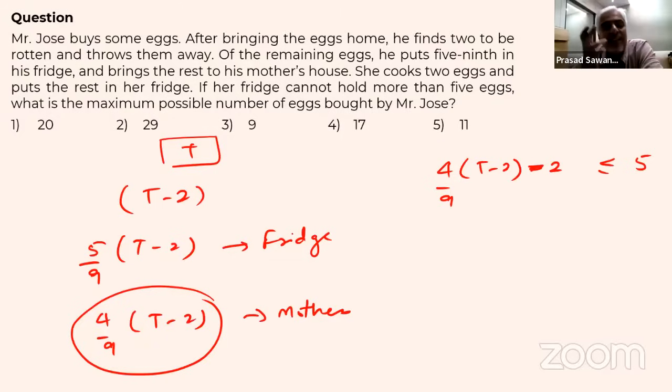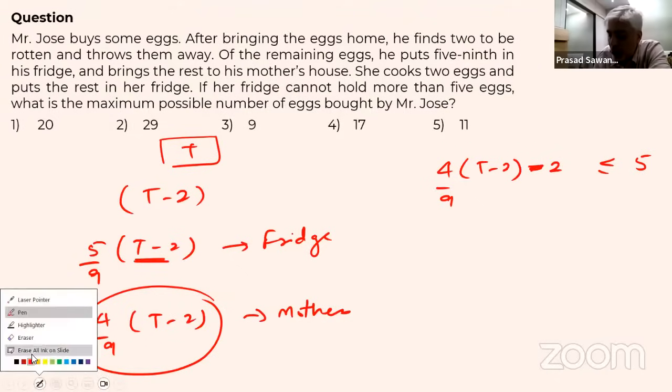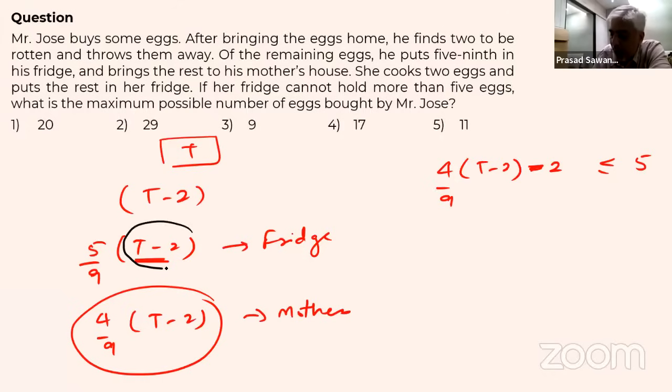Let's start thinking a little bit. You cannot make a fraction of an egg, right? So do you agree that this number, t minus 2, has to be a multiple of 9?